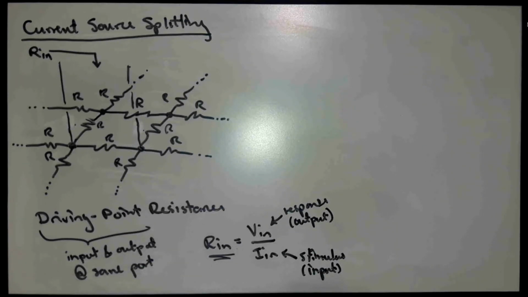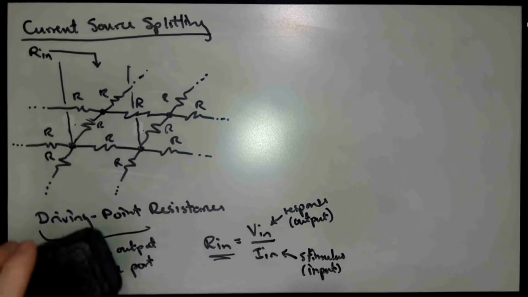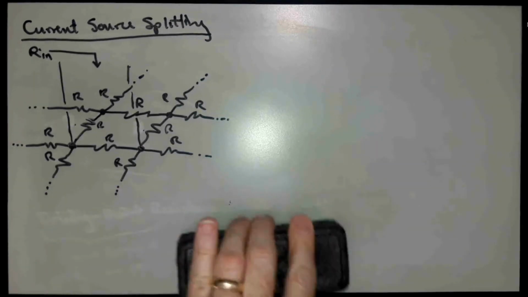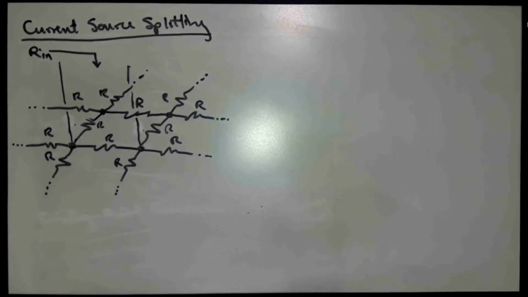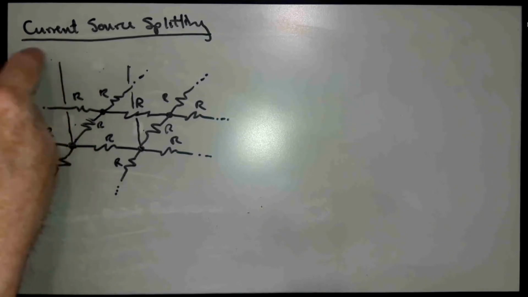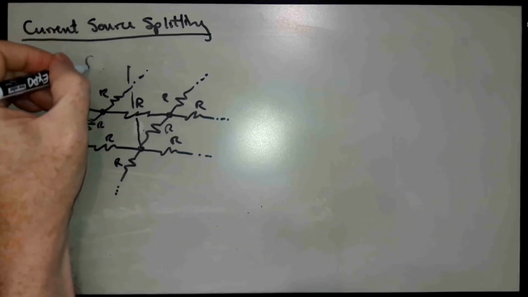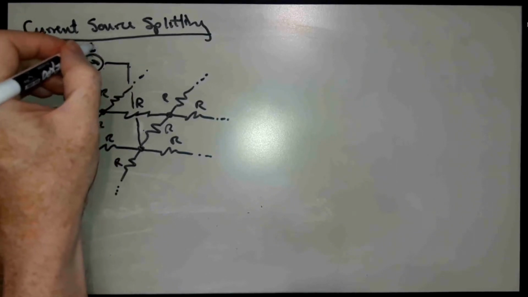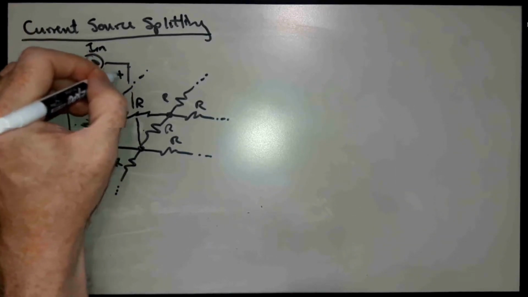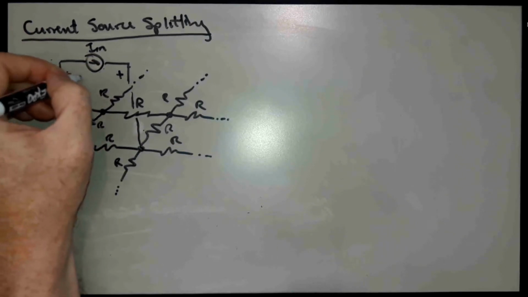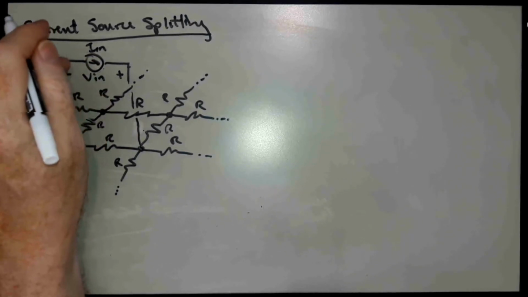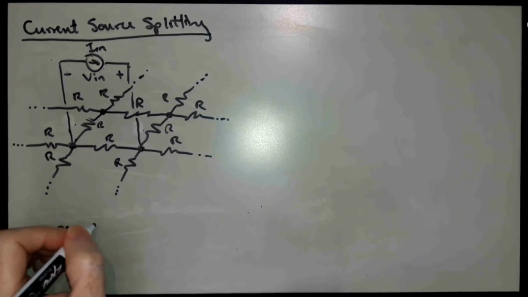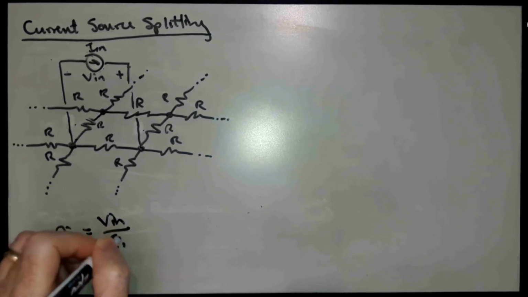All right, so what we're going to do to find this driving point resistance is to basically put a current source here, In, and we want to know what is the voltage that develops across those, and we're going to take Rin to be Vn divided by In.